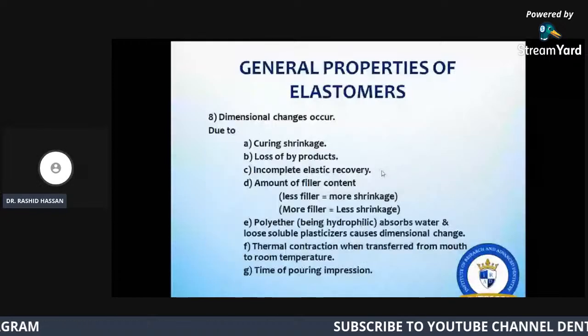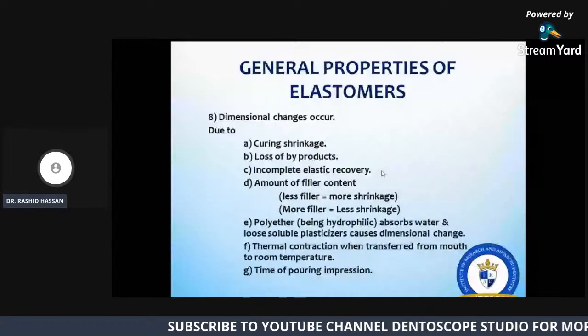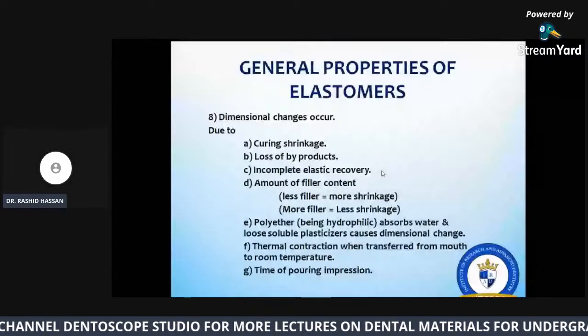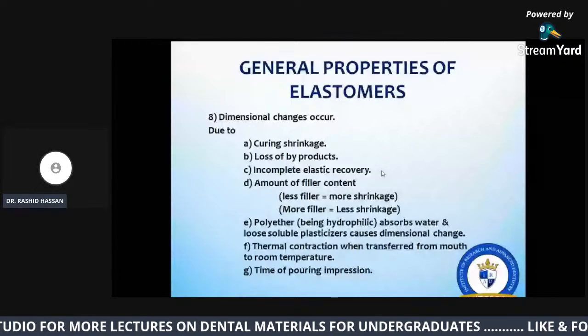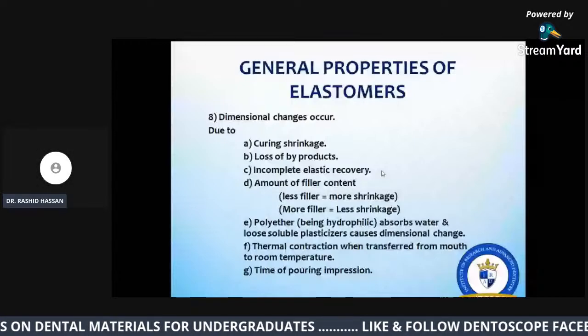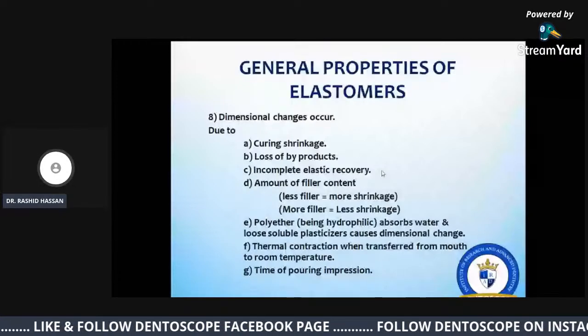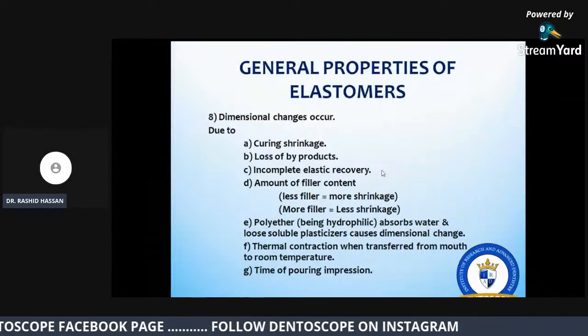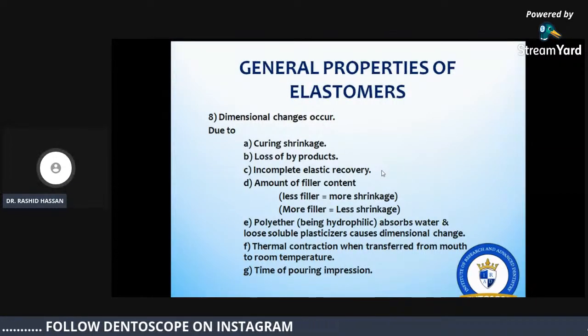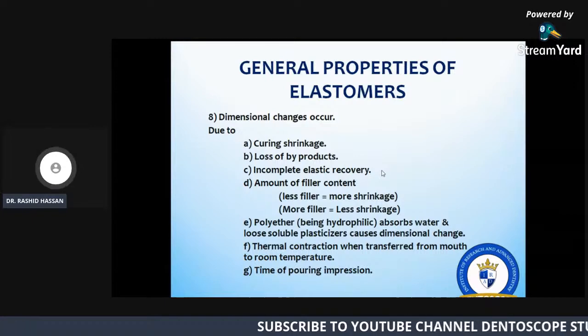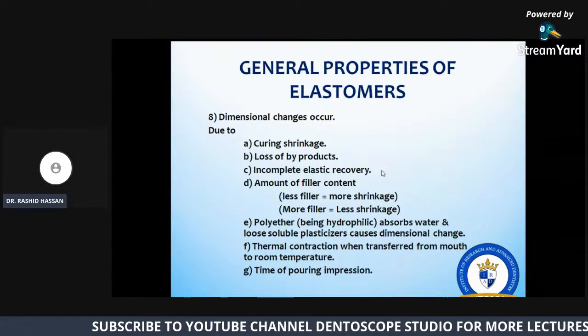Then the dimensional changes. Well, this is a polymer, so it is going to polymerize one way or the other. So the dimensional changes are bound to occur. They can be due to the curing shrinkage, because whenever the polymerization reaction occurs, it is always accompanied by polymerization shrinkage.